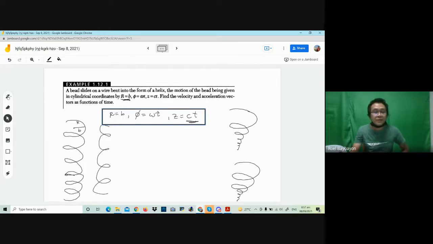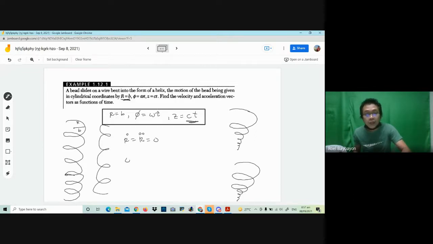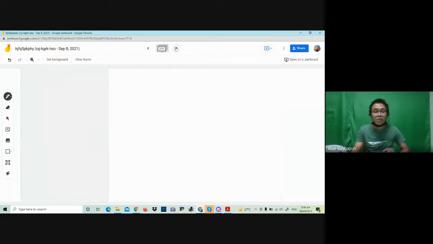as a function of time. This is very simple because r dot is equal to r double dot, which is equal to 0. Phi dot is omega, while phi double dot is equal to 0. Z dot is equal to c, while z double dot is equal to 0. So the velocity is just this.